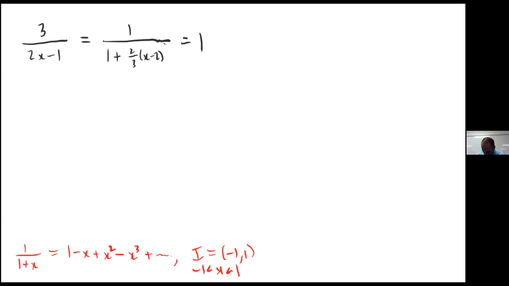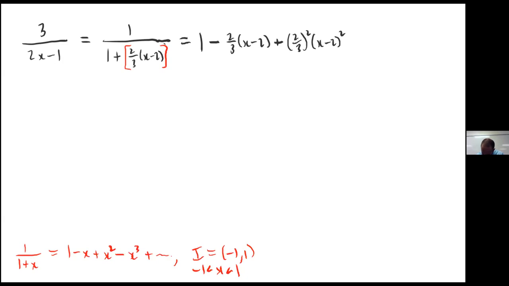So it's going to be 1 minus, what's playing the role of x again? All that, yeah? So it's going to be 1 minus 2/3 times the quantity x minus 2. And what's the next term going to be? Plus what? 2/3 squared, what? x minus 2 squared.